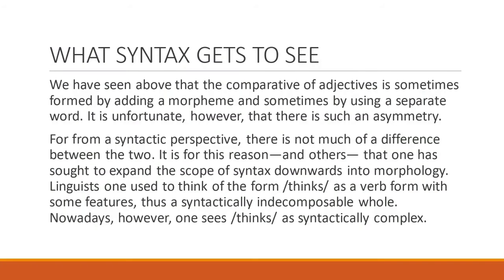What does syntax get to see? We have seen above that the comparative of adjectives is sometimes formed by adding a morpheme and sometimes by using a separate word. It is unfortunate, for from a scientific perspective, there is not much of a difference between the two.